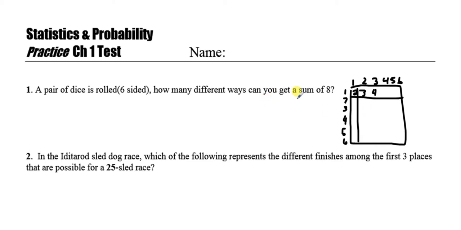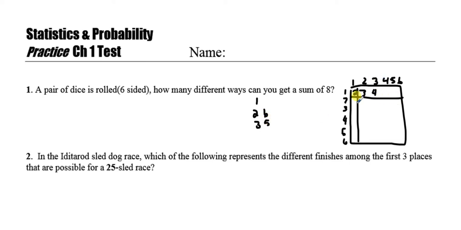How many ways can we get a sum of 8? I'm just going to write it out like this. If we get a 1, there's nothing we can roll with a 1 to give us a sum of 8. If we roll a 2, we can get a 6. If we roll a 3, we can get a 5.